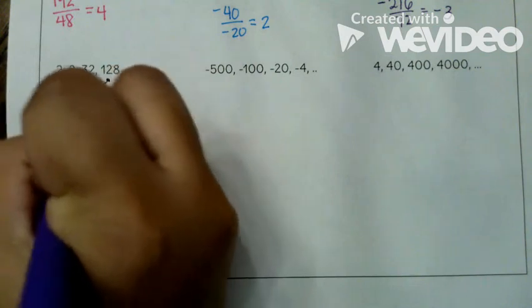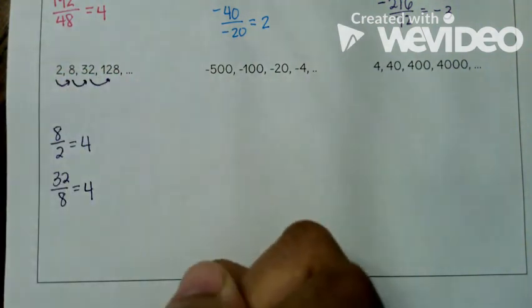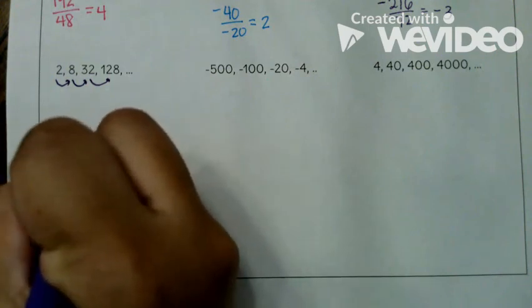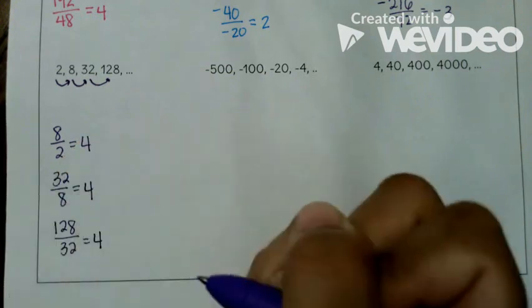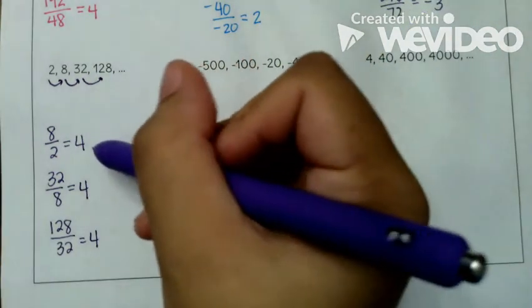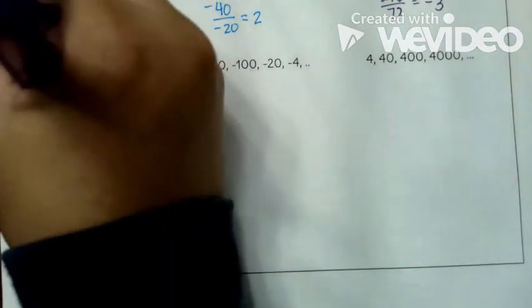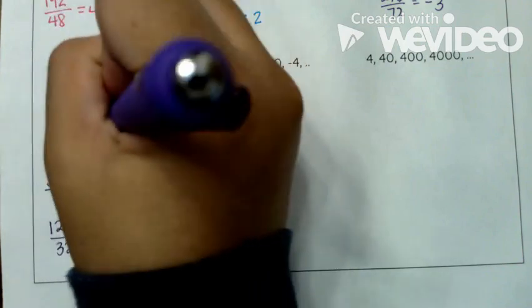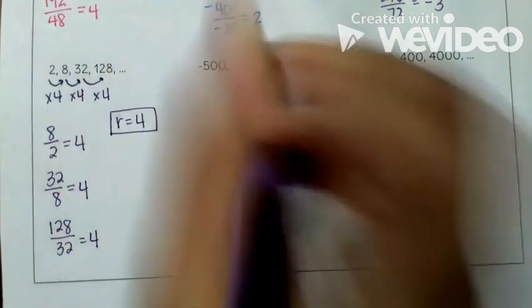Then I have 32 divided by 8, which would also give me 4. And then I have 128 divided by 32, which gives me 4. So because I keep coming up with the number 4, that's telling me that my pattern is multiplying by 4 every time, which means my common ratio R is equal to 4.